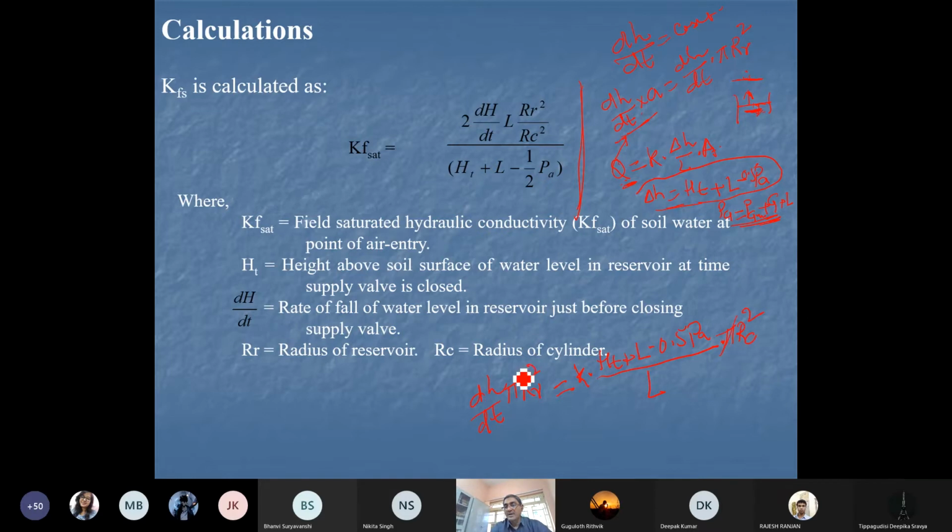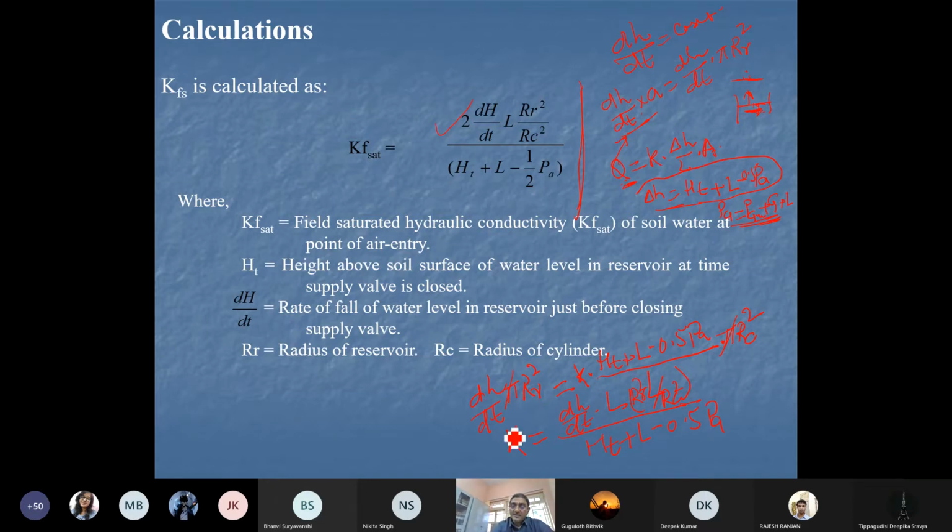Now you can make this arrangement to find the value of K, that is dH by dt into L, and RR square by RC square on the same side, divided by HT plus L minus 0.5 PA. That is the same here.